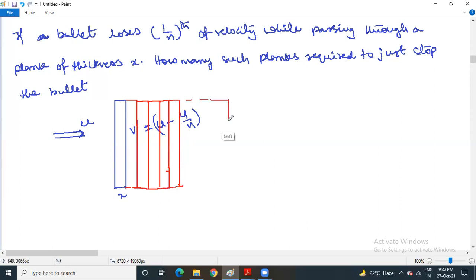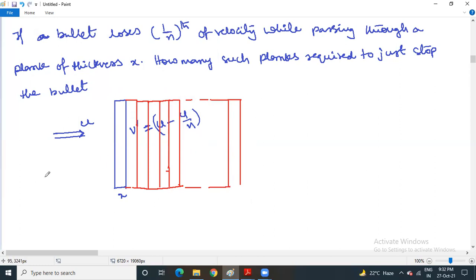This might be the last plank, the nth plank. So we need to find how many such planks are required.